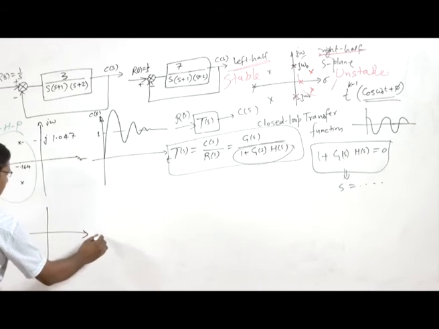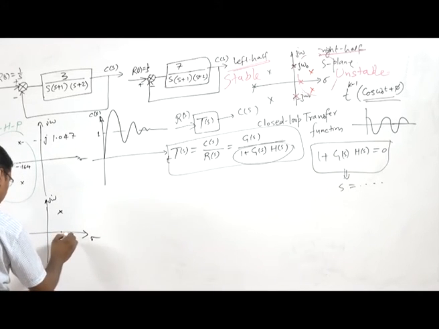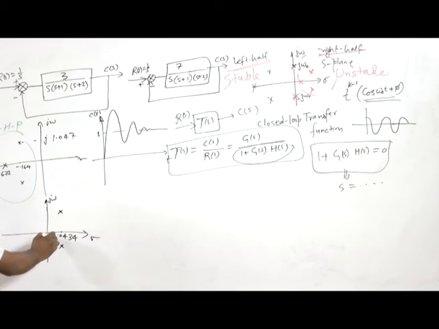And so here sigma and j omega. Now if we plot the poles, here we have 2 complex poles, at plus 0.0434, on the right side, and one pole is here at minus 3.087, and this is j 1.505, and this is minus j 1.505.